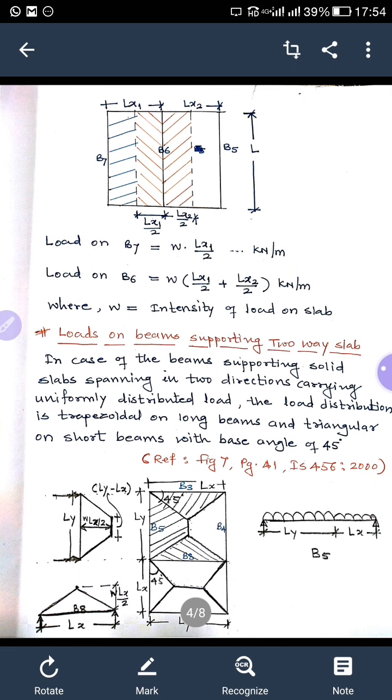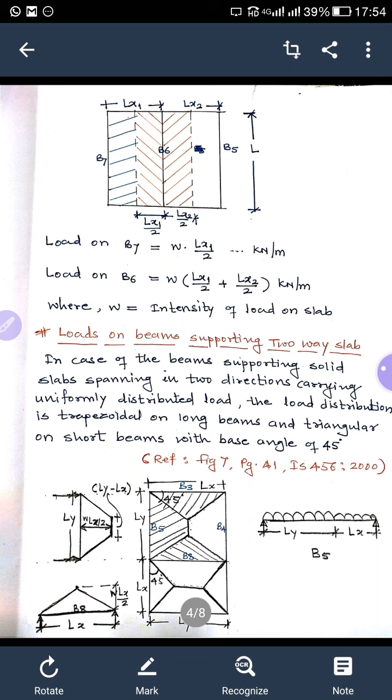If you refer to figure 7, page number 41 of IS 456-2000, it mentions that the load distribution on the longer span is a trapezoidal load distribution, and on the shorter span it is triangular.